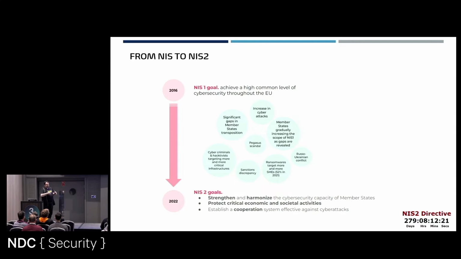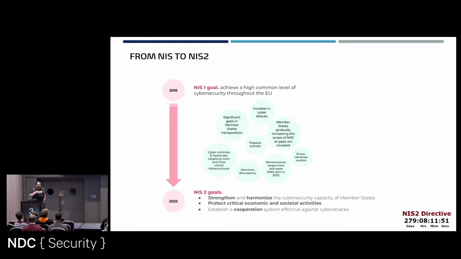Discussions started going on, and they said, well, we need to do three things. Strengthen and harmonize the cybersecurity capacity of the member states. Try to do a better job at protecting the critical economic and societal activities, because it seems like NIS1 wasn't covering enough of that. So they basically extended the sectors that it covers, and we'll go into details in a minute.